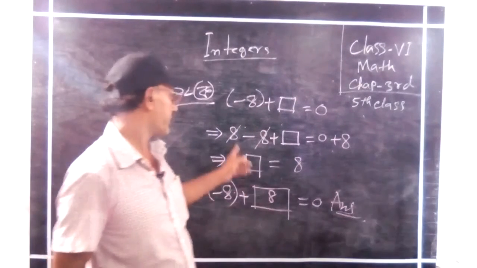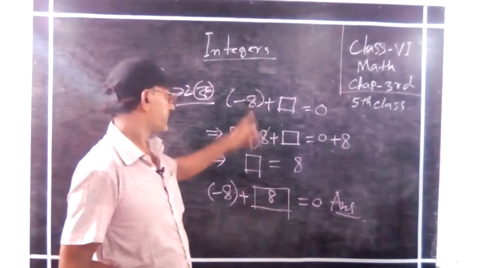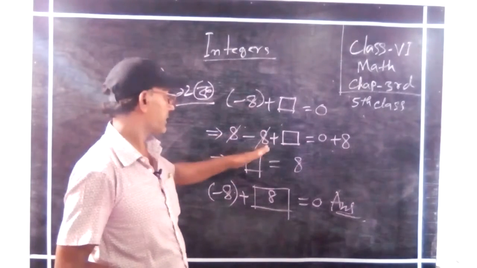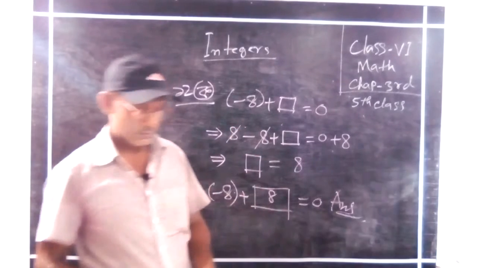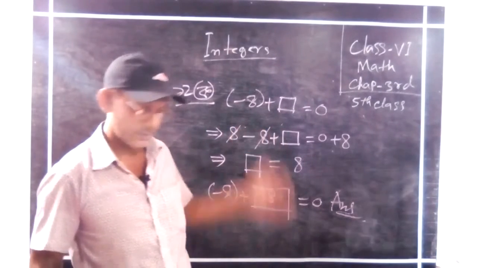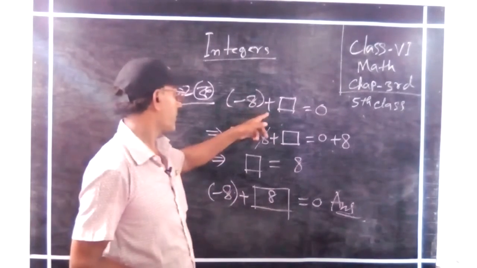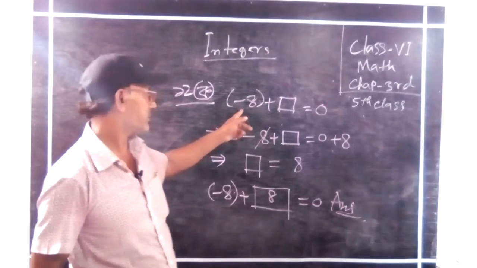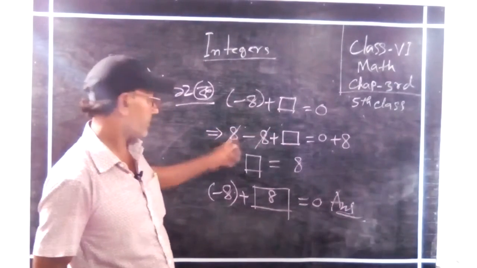On both sides, we will add the same opposite number for cutting the same number, or removing the same number. We will remove the minus 8, so we can use here plus 8.